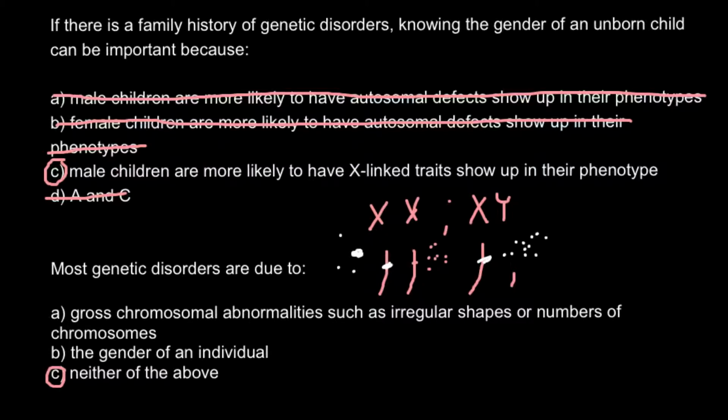But you also have to understand that gross chromosomal abnormalities such as irregular shapes or numbers of chromosomes, answer A, are not a rare case. Actually, this is a very frequent cause of stillbirths and spontaneous abortions, because large abnormalities on the chromosomal level lead to large problems with metabolic pathways.